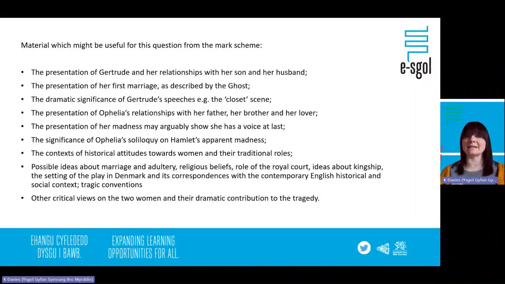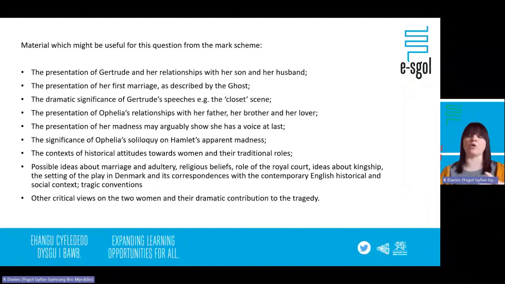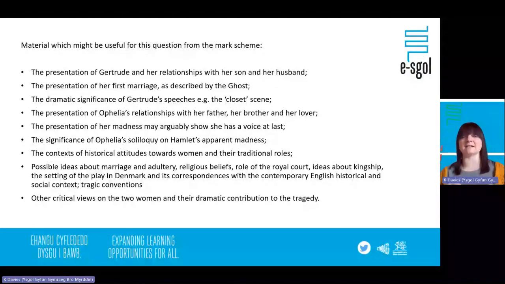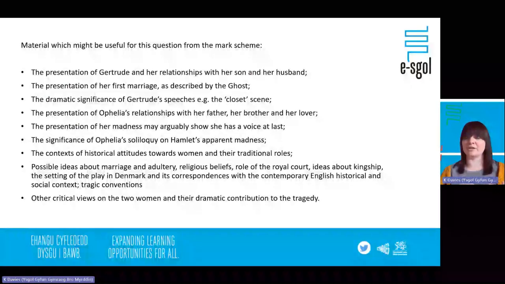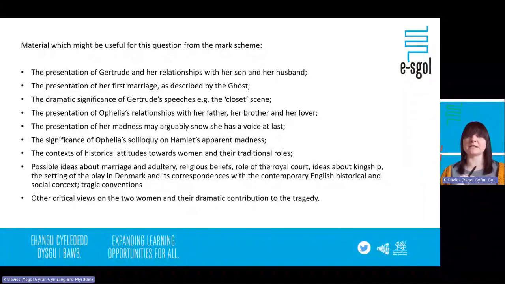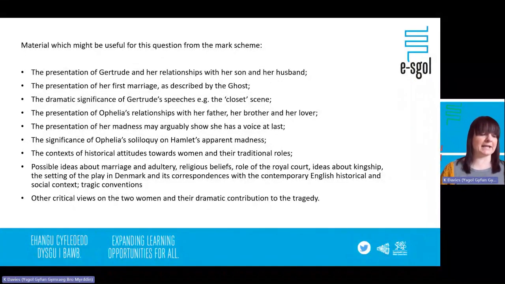The presentation of her madness may arguably show that she finally finds a voice, the significance of her soliloquy on Hamlet's apparent madness. And then obviously we're thinking about the context. So the context of historical attitudes towards women and their traditional roles. You could look at ideas about marriage, adultery, religious beliefs, the function and the purpose and the role of the royal court. You could consider ideas about kingship, the setting of the play in Denmark.